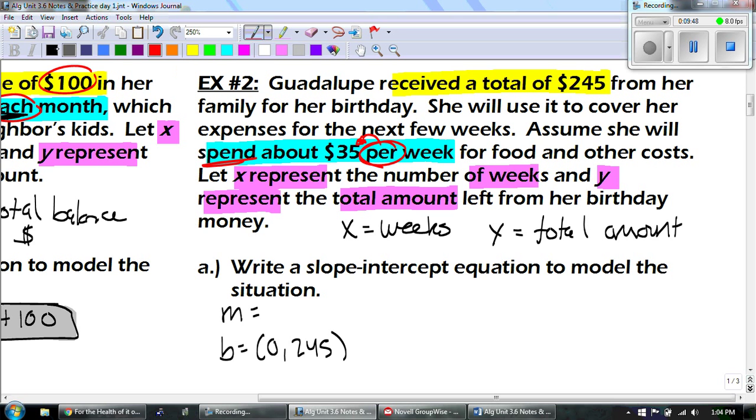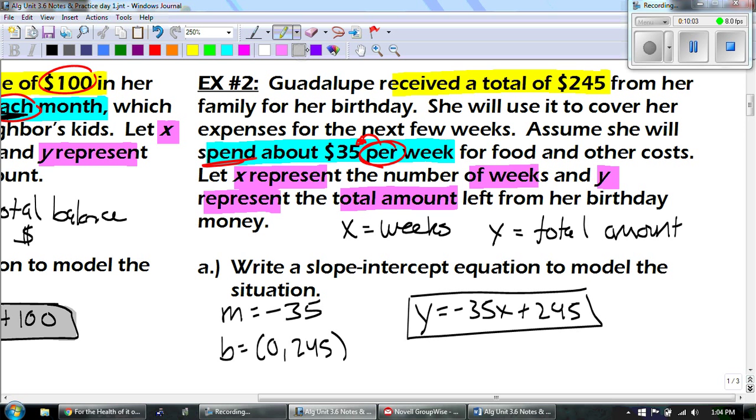So that means it's negative 35. So y equals negative 35x plus 245. This equation shows how quickly Guadalupe is going to blow through her birthday money.